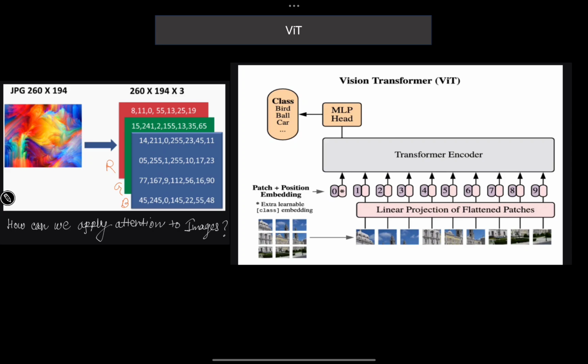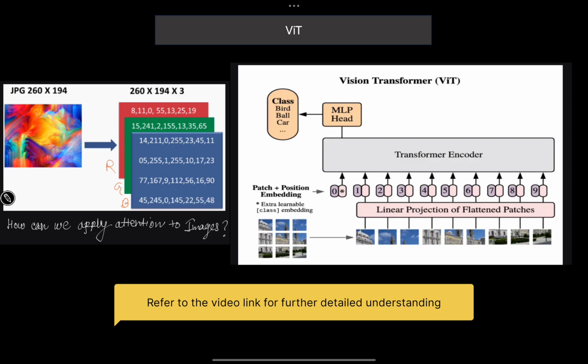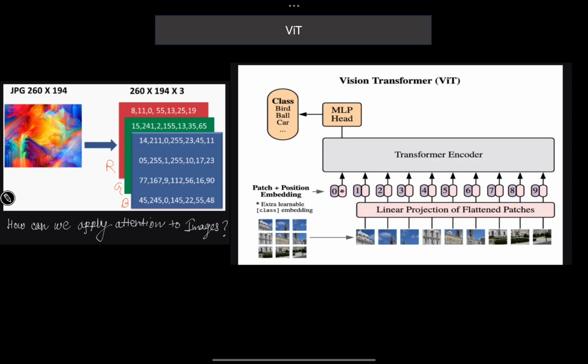You can see this image got divided and we extracted a lot of patches out of it, and then we create a linear projection of those patches to create flattened patches. Then we add the positional embedding to the patches, and then we pass it through the transformer encoder, right? Which uses the attention mechanism to create embeddings that are much more meaningful, with the patches attending to each other.